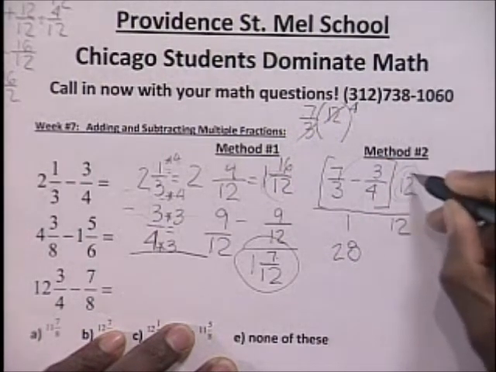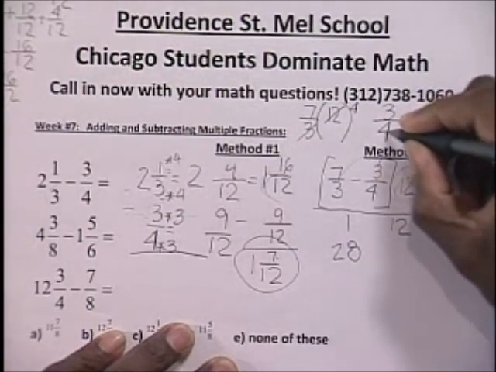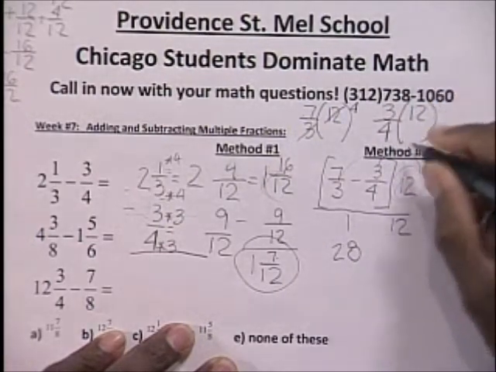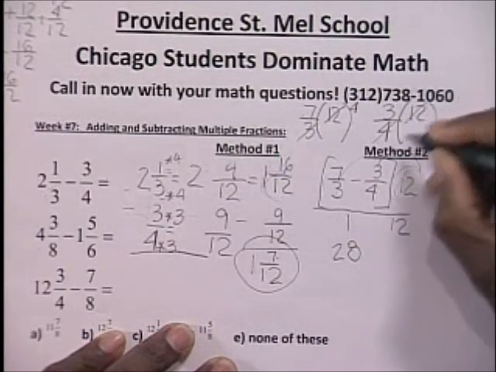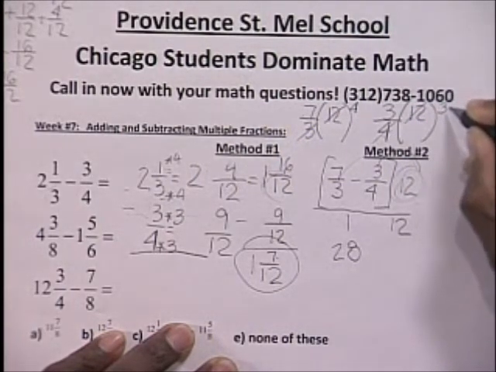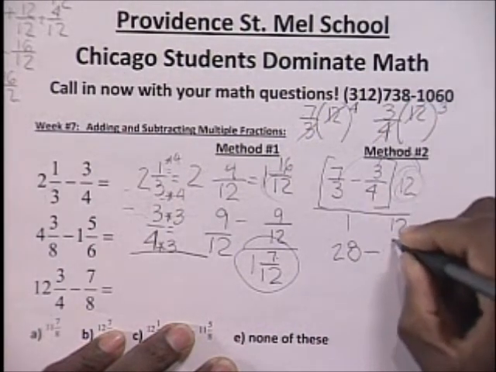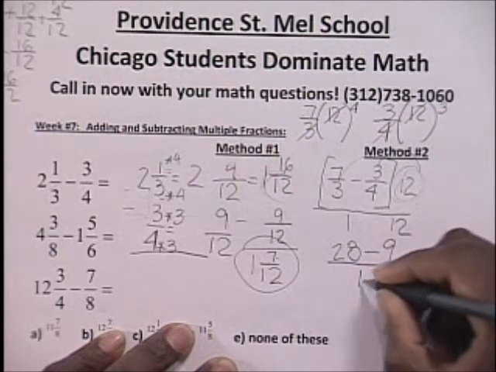Let's multiply this same 12 times 3/4. The 4 cancels with the 12. 4 divides into 12 3 times. You're left with 3 times 3, which is 9. So you get minus 9 over 12.